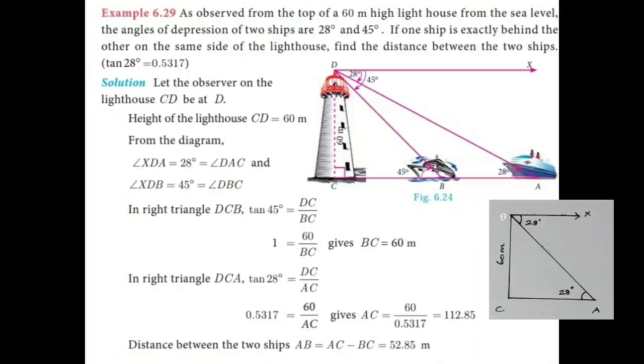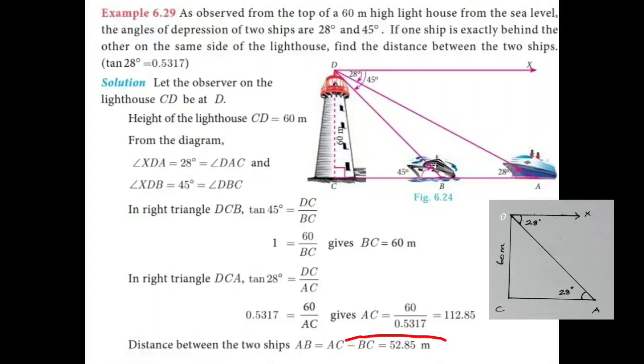Right. In right angled triangle DCA, we take tan 28 degree is equal to DC divided by AC. Then 0.5317 is equal to 60 divided by AC. AC shift to left hand side and 0.5317 shift to right hand side.